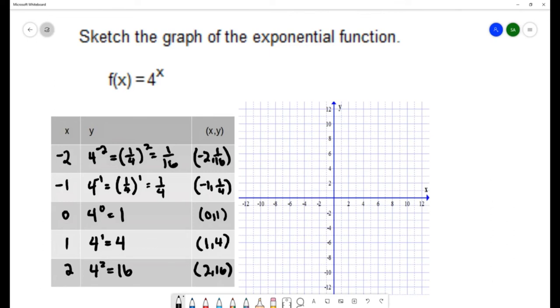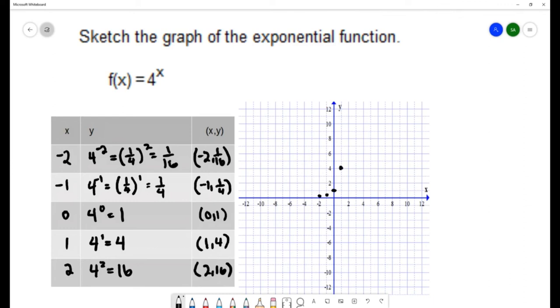We're going to plot those ordered pairs. I have -2 and 1/16, so very, very close to the x-axis there. -1 and 1/4, pretty close, but not as close. 0, 1, and 1, 4, and 2, 16.